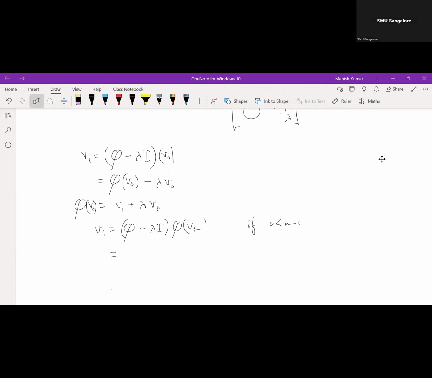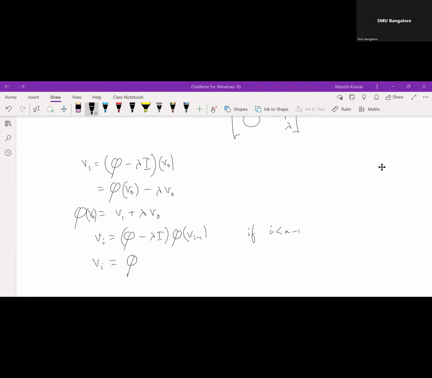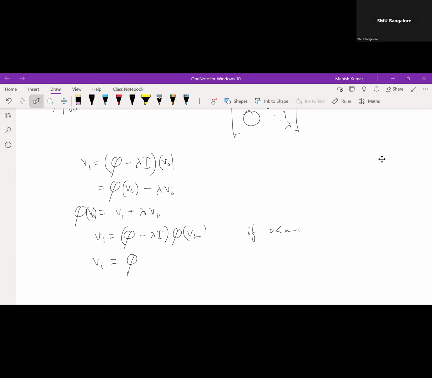So Vi is phi of Vi minus 1 minus lambda Vi minus 1.